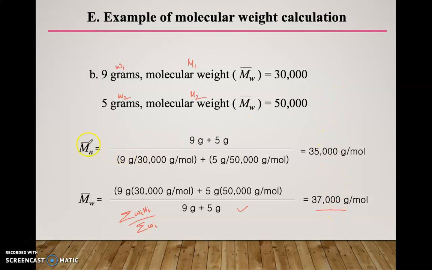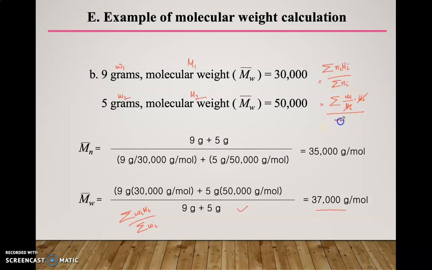Now how to get the number average molecular weight? It is also very simple. We know the number average molecular weight is nothing but summation Ni times Mi upon the summation Ni. Now Ni we can write as Wi upon Mi, so into Mi, this will cancel out. So we are only left with summation Wi in the numerator.